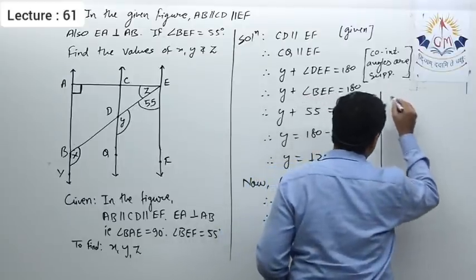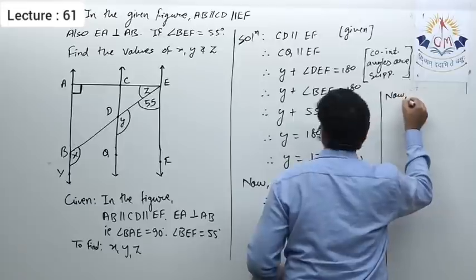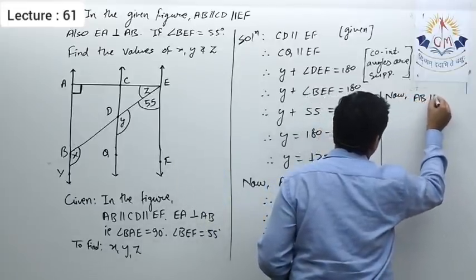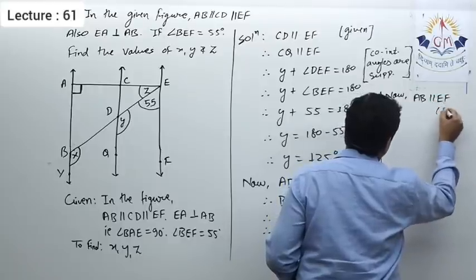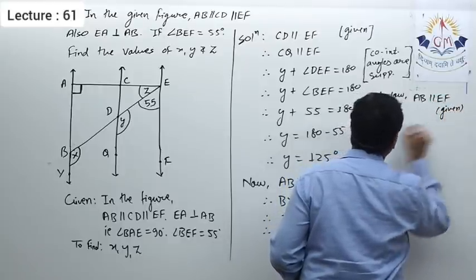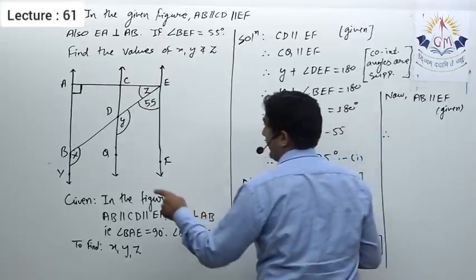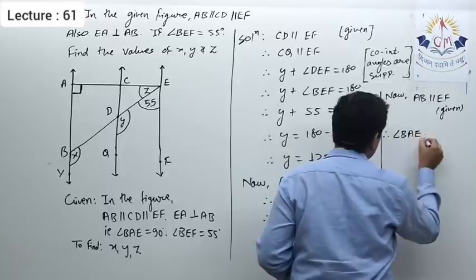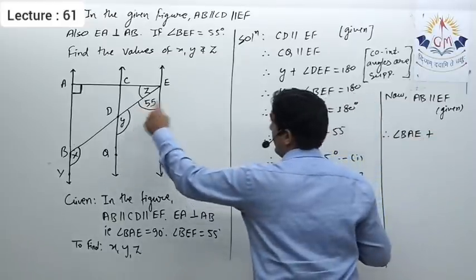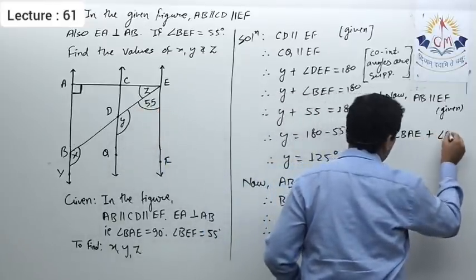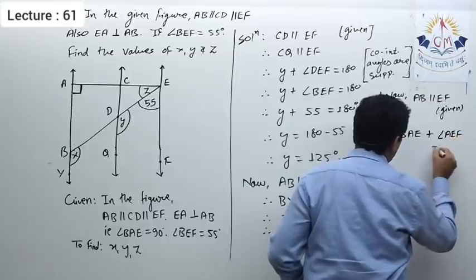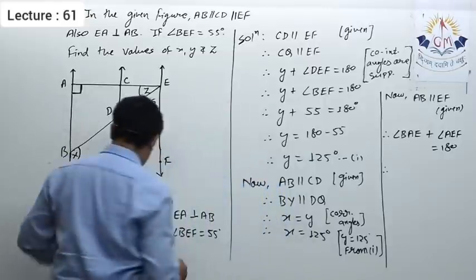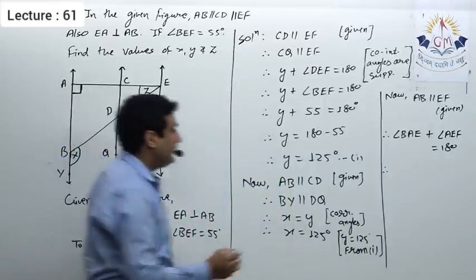Now AB parallel EF. Why? That is given. Therefore, I can say angle BAE plus angle AEF is equal to 180 degree. Now, what is the angle BAE? Here angle BAE is 90 degree.